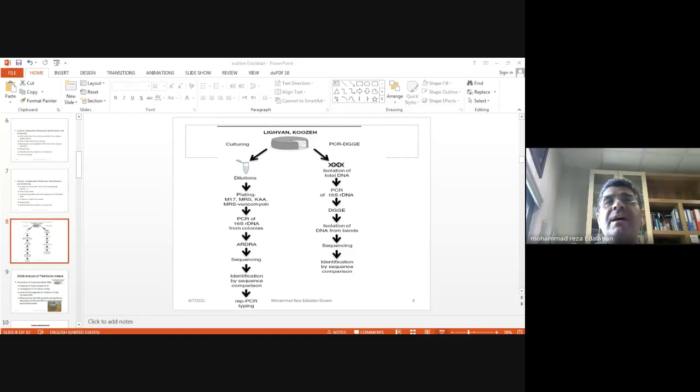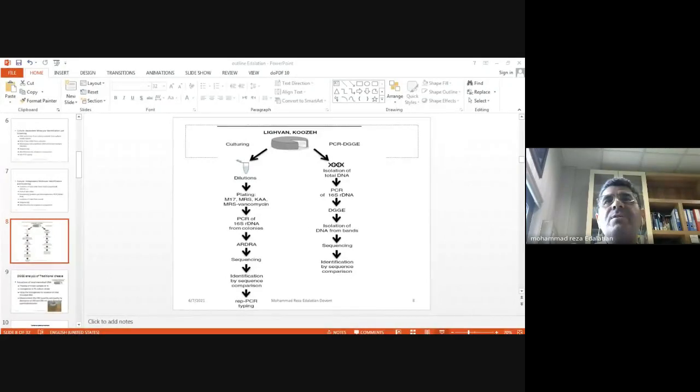As you can see and as you can compare these two methods and these two procedures here, in the culturing method, we should extract the DNA from the colonies, which are produced on the plate, on the media.